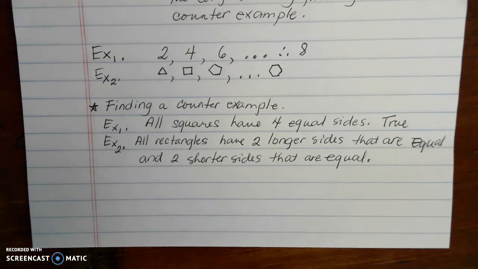Therefore, my counterexample on this one is very good, a square. Since a square has 4 right angles, it is considered a rectangle.